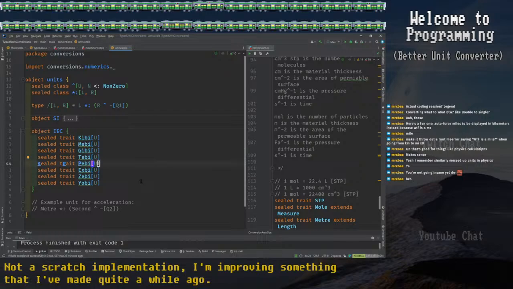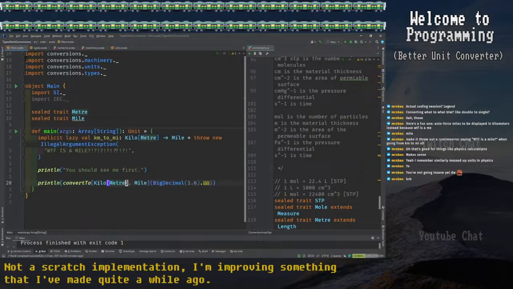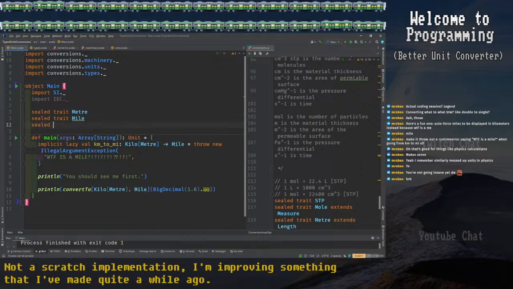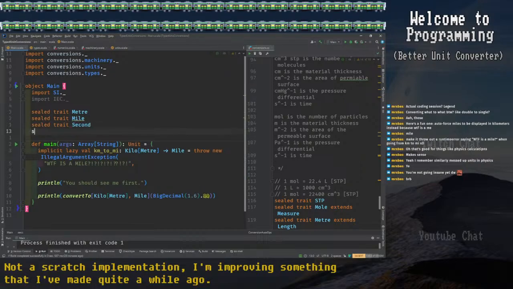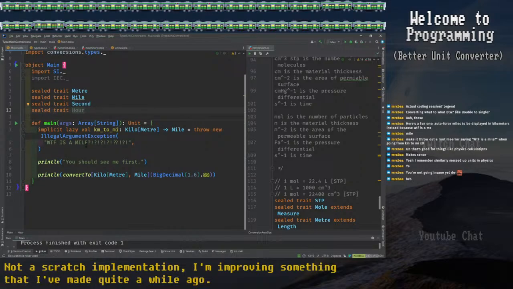Hmm. Let's see. Meter, mile, okay, let's see. Here's a bit of a test.